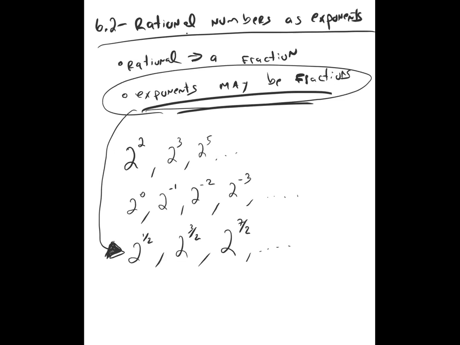But let's talk about what we really call those types of expressions. So a square root, cube root, kth root are called radical expressions.